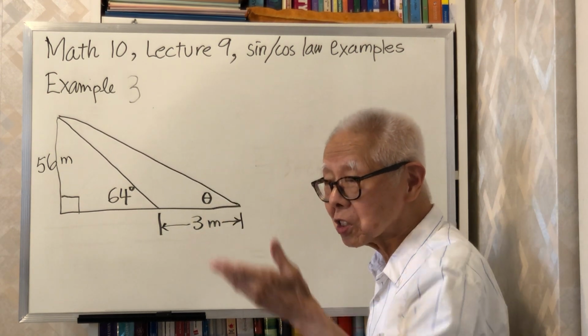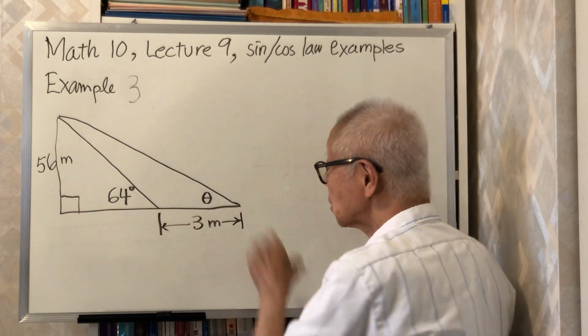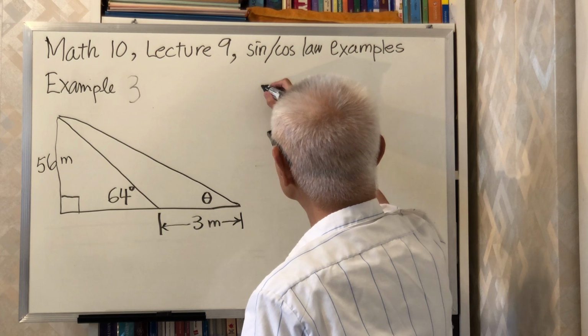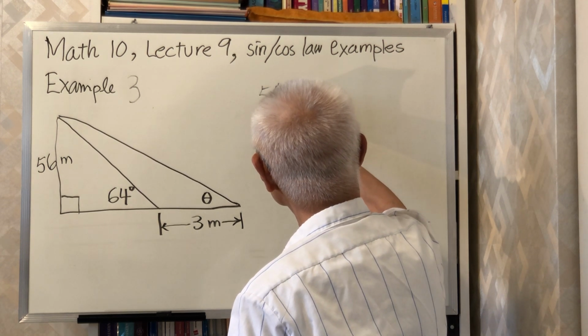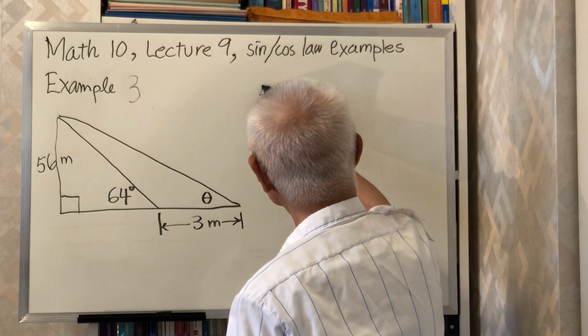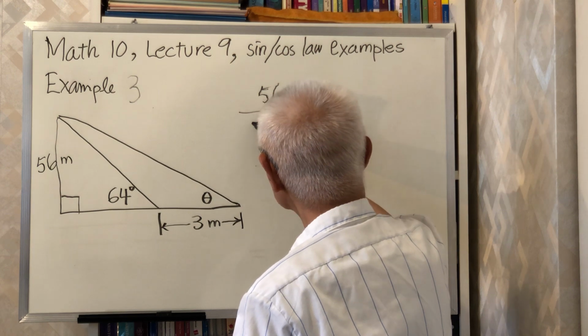It's the same as example 1 and example 2. So this line segment is 56 divided by tangent theta.